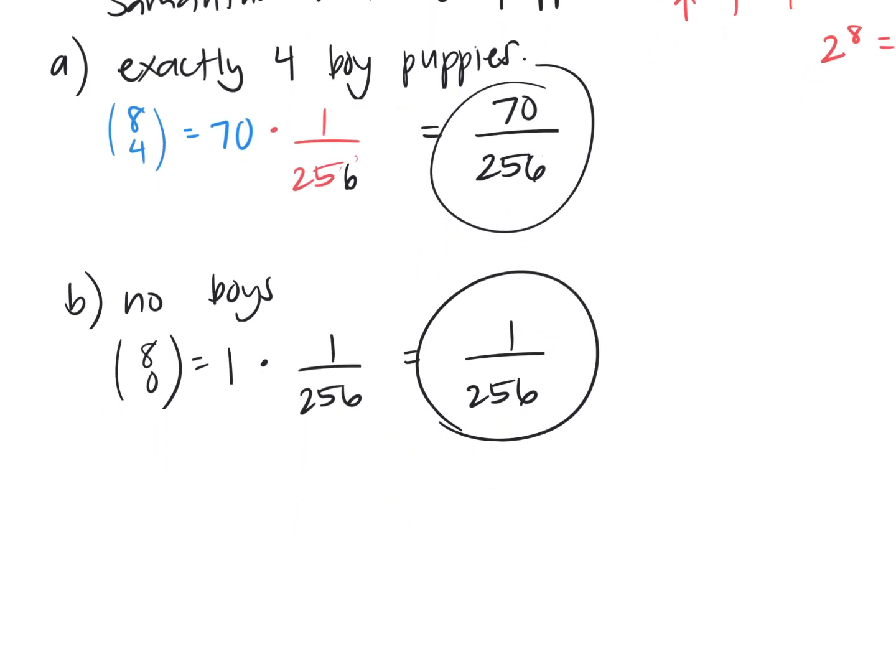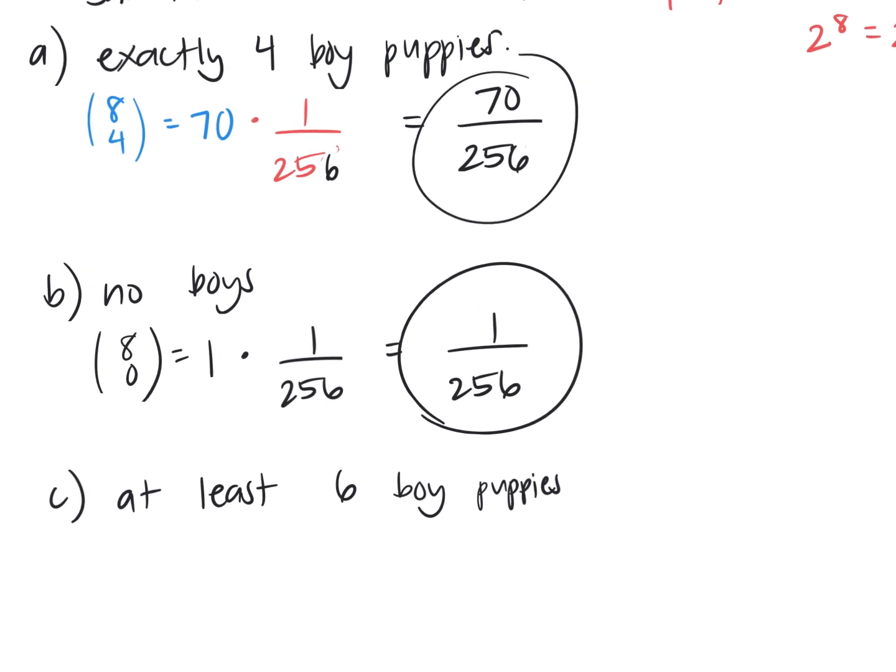Okay. And then lastly, what about the probability of having at least 6 boy puppies? Probability of having at least 6 boy puppies means I could have the probability of having 6 boy puppies, or 7 boy puppies, or 8 boy puppies, and I have to add all of those together. Okay?